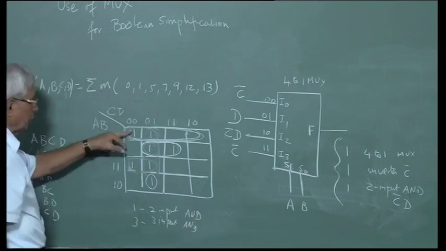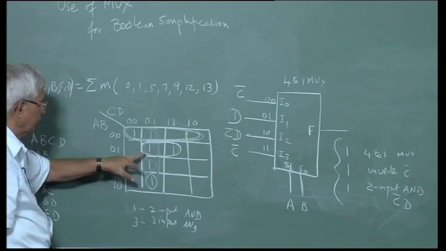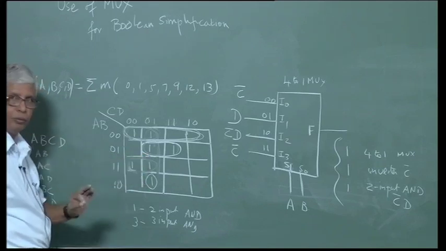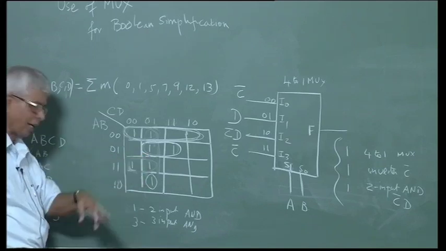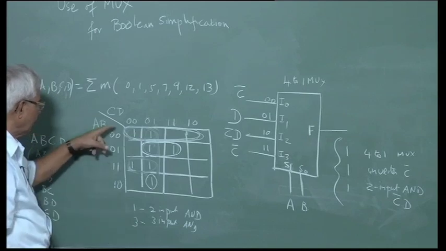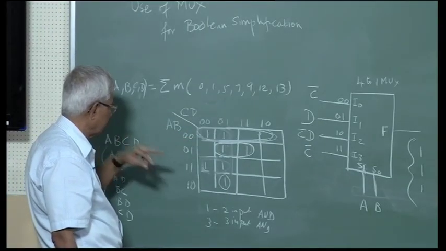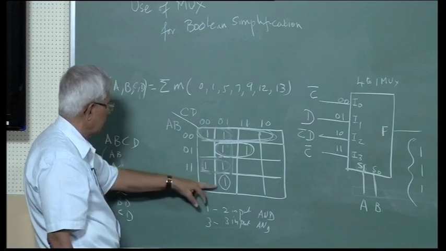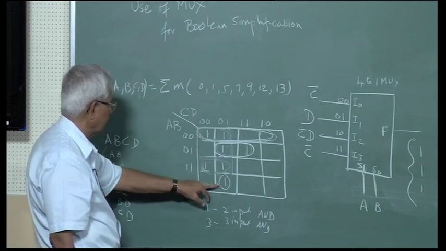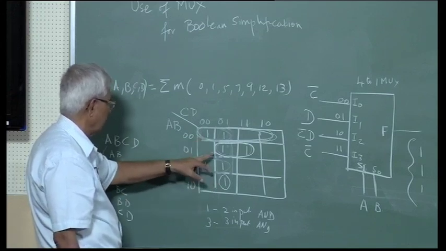This will have 3 inputs, this will have 3 inputs, this will have 3 inputs. One inverter for C bar, this was C bar, this one will be A bar.